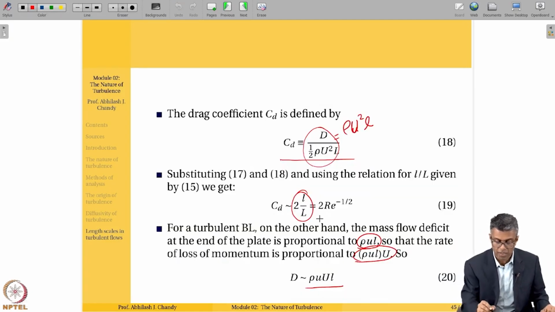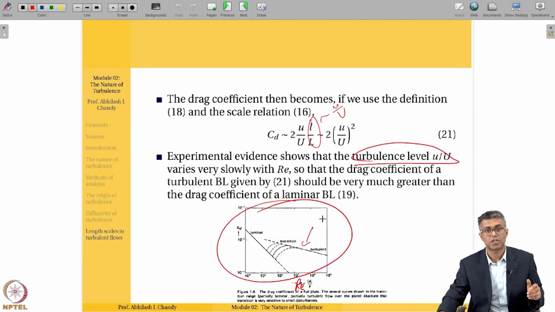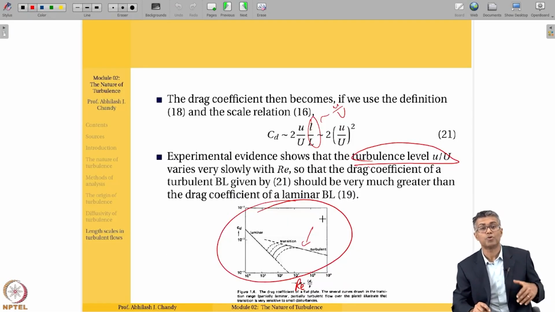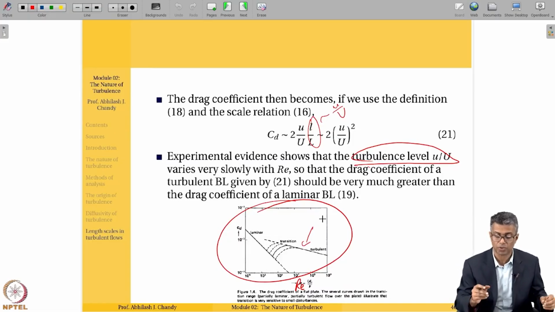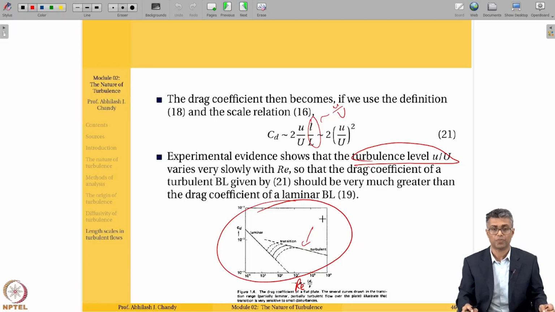Like for instance, here you have it as Re to the negative half, versus u over U squared. You can only guess which one is going to be higher. It is going to be u over U squared being larger. So that's the difference in terms of the drag coefficient when we compare laminar flow versus turbulent flow.